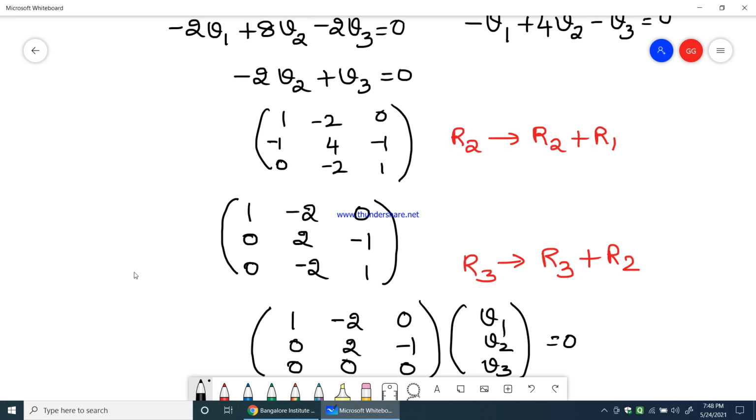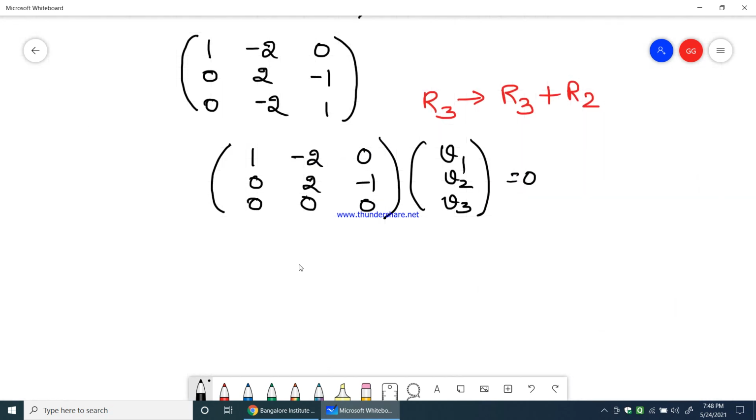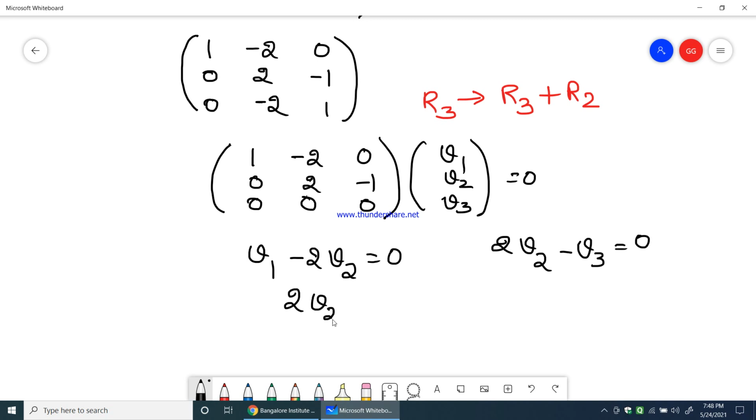But anyway, I'll take two equations which are formed by the first and second. So I'll say V1 minus 2V2 equals 0, and then 2V2 minus V3 equals 0. Therefore here 2V2 equals V1. Similarly 2V2 equals V3.